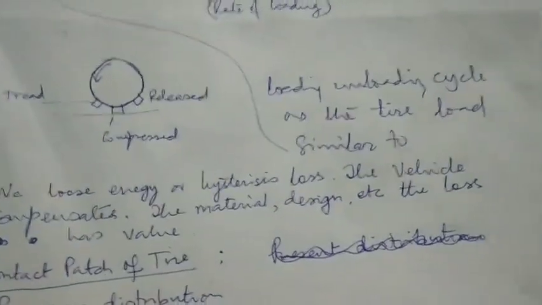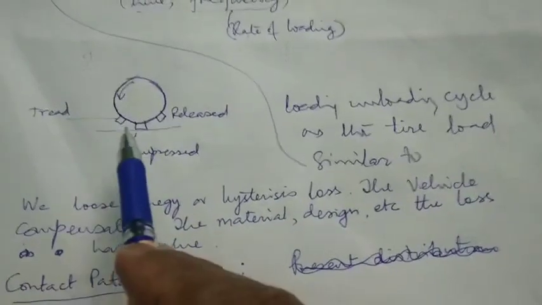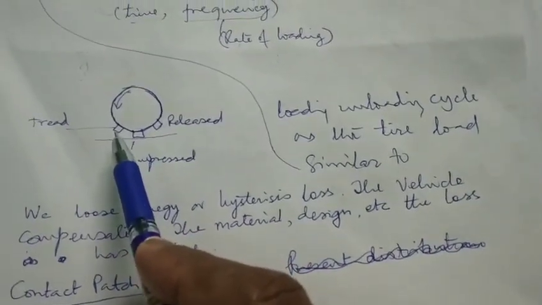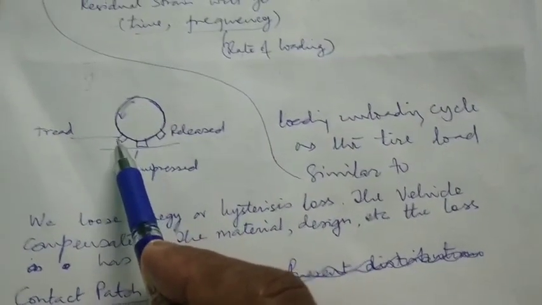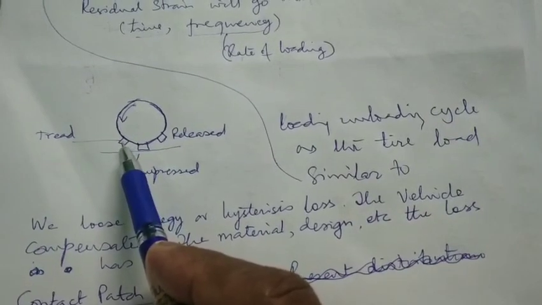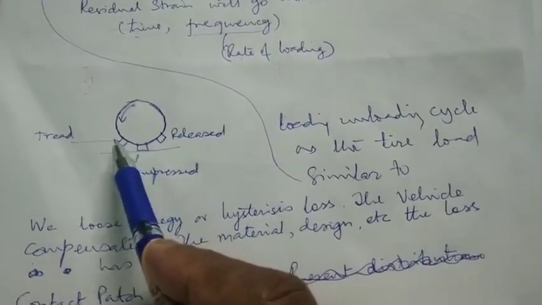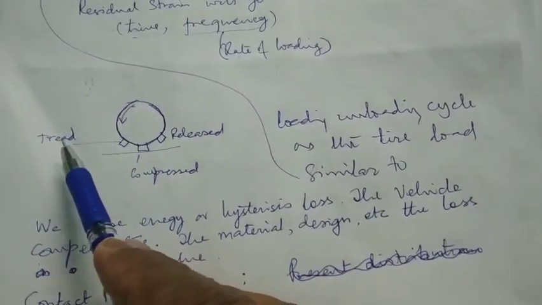Okay, having that in our knowledge, we need to now understand that there is a tire and there is a certain tread. The elevated portion of the extended surfaces of the tire, where we see a gap in between and a design, that extended surface is known as tread, T-R-E-A-D.